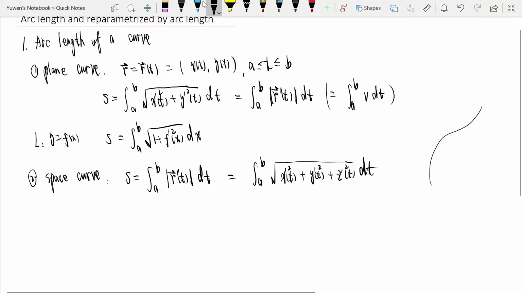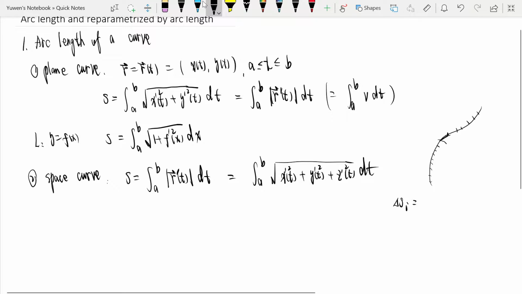If this is the curve, we divide the curve into small parts. In each part, the arc length delta s_i equals this line.